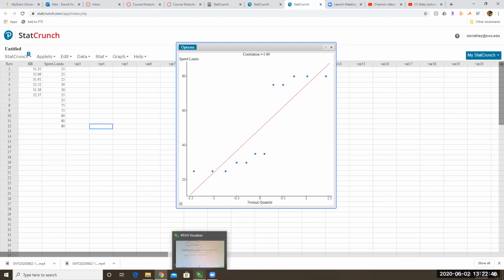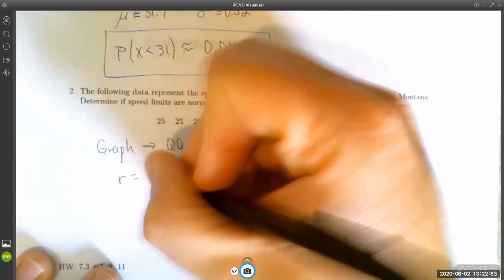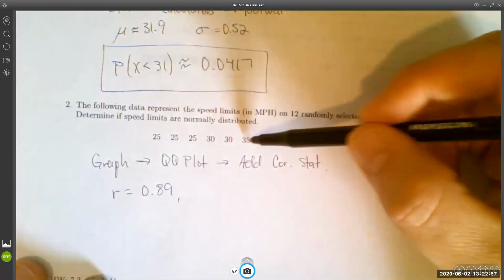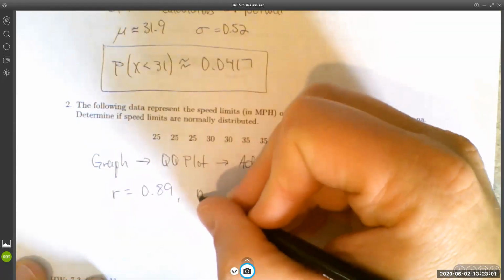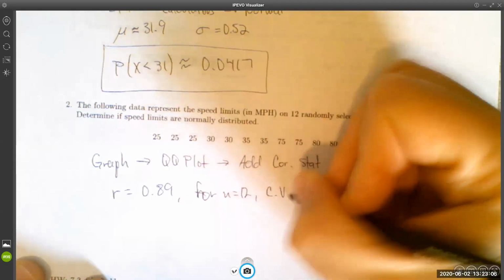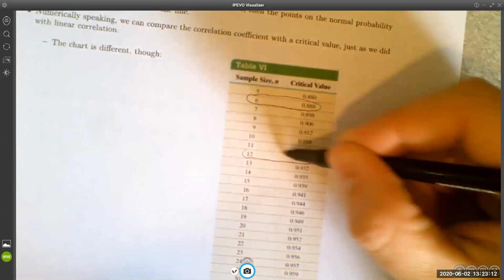Let's compare that to the appropriate critical value, right? So our correlation statistic that we're coming up with is 0.89. What's the critical value? We have 1, 2, 3, 4, 5, 6, 7, 8, 9, 10, 11, 12 observations. So for n equals 12, the critical value is equal to 0.928.